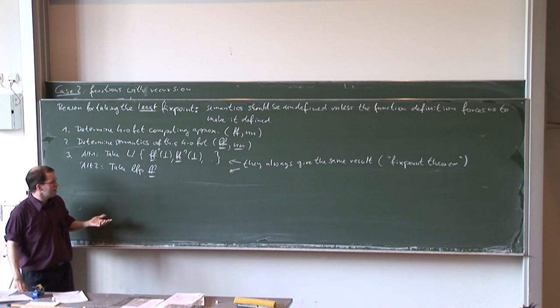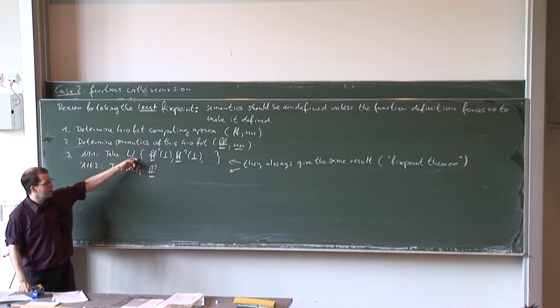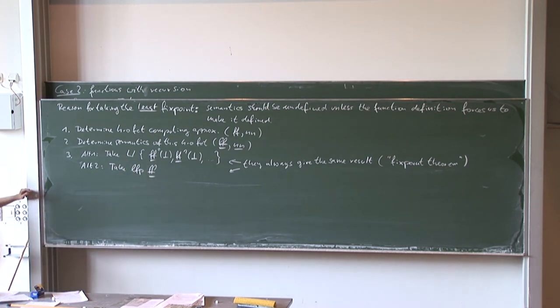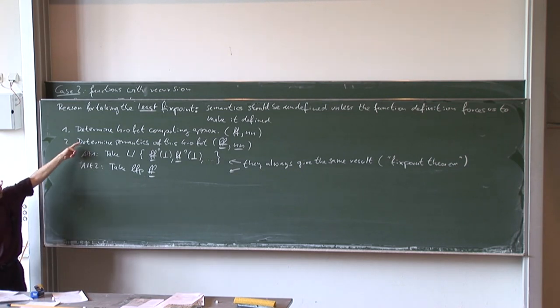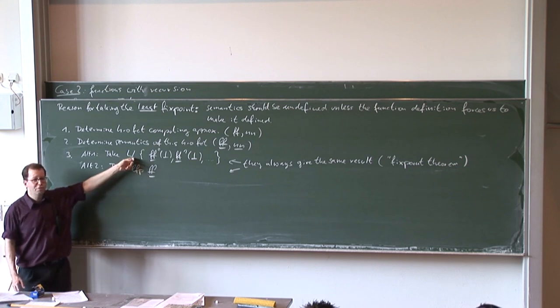It makes sure this least fixed point really exists because you can obtain it as the least upper bound of this chain. And now in this way we have an idea how to define the semantics of recursively defined functions. The central idea is to get this higher order function which computes approximations. And then whether you take its least fixed point or build this chain is the same. This leads to the same result.